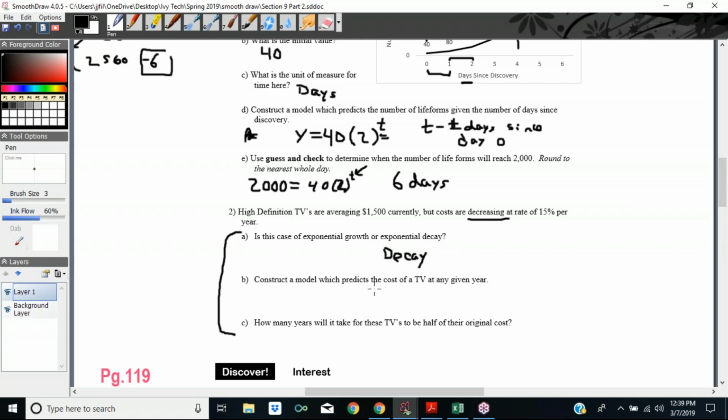And construct a model. So here we have y equals, or amount equals, the beginning amount, $1,500. And then the decay factor is going to be 100 minus 15. So as a decimal, 0.85.